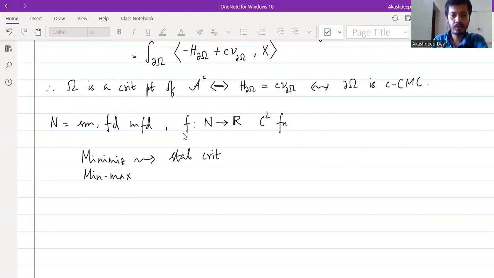So for this min-max method, let us fix X, which is a finite simplicial complex.